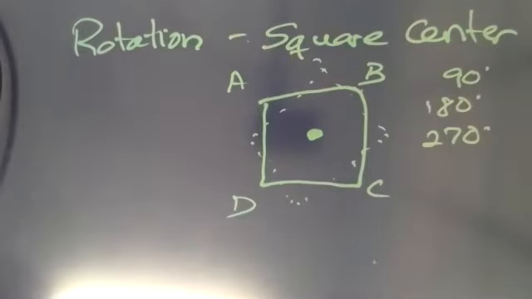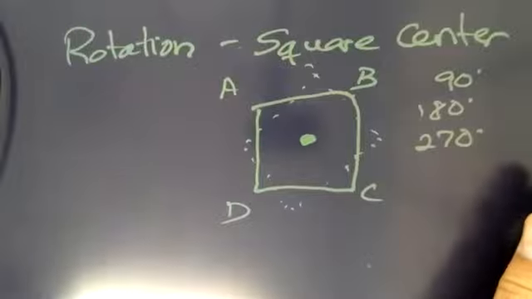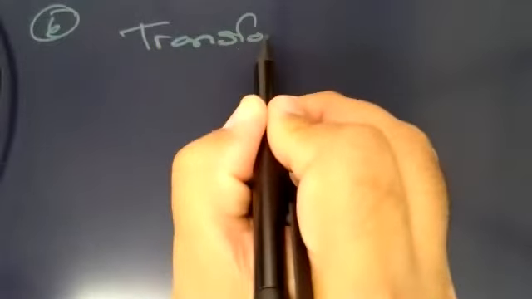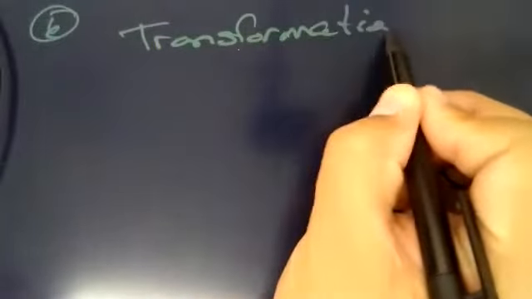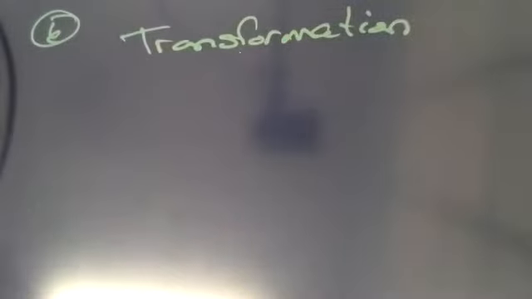All right, guys, for number 6, again, it talks about transformation again. So notice how many times I'm saying transformation. All right, a transformation that will produce something that is parallel.